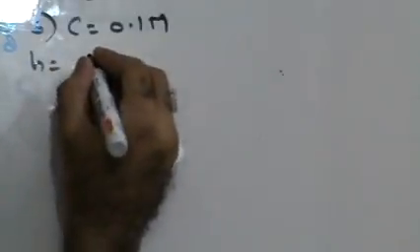The degree of hydrolysis of 0.1 molar solution of ammonium chloride is 7.46 into 10 raised to minus 5.